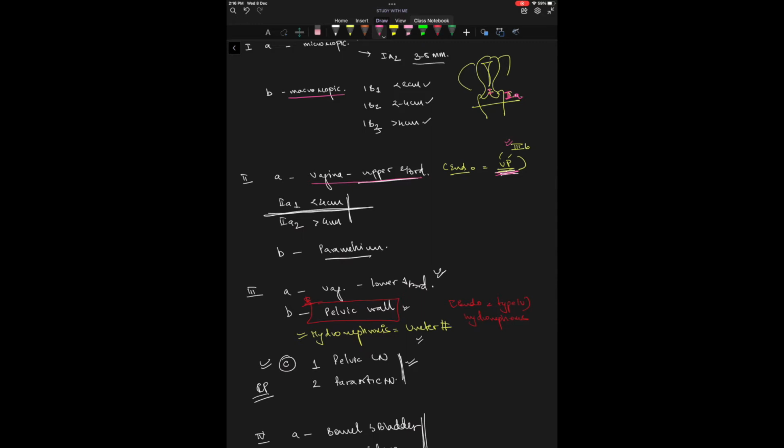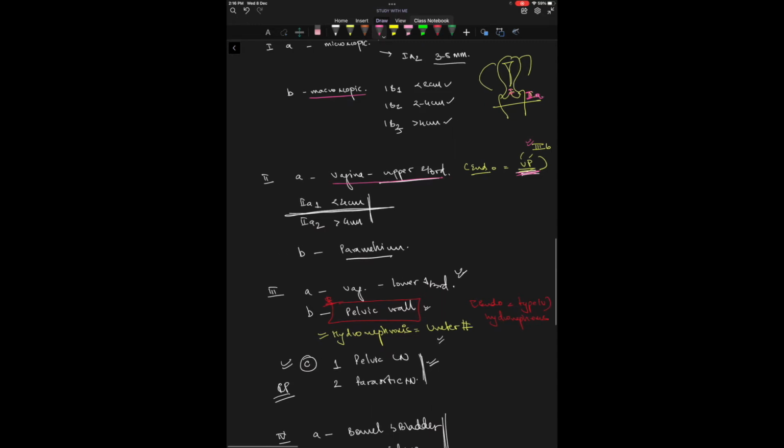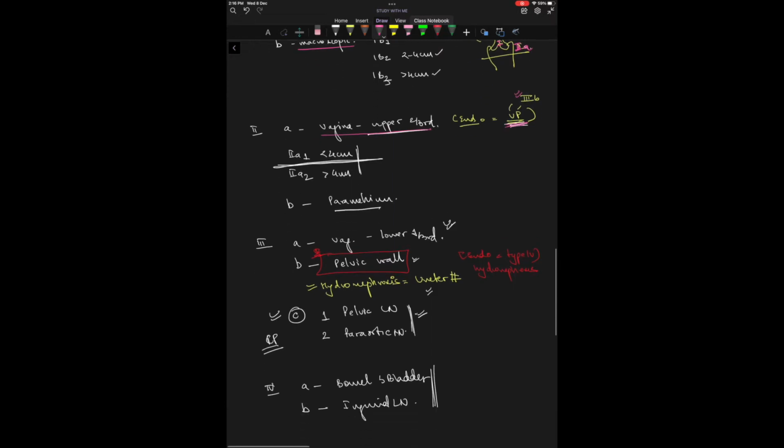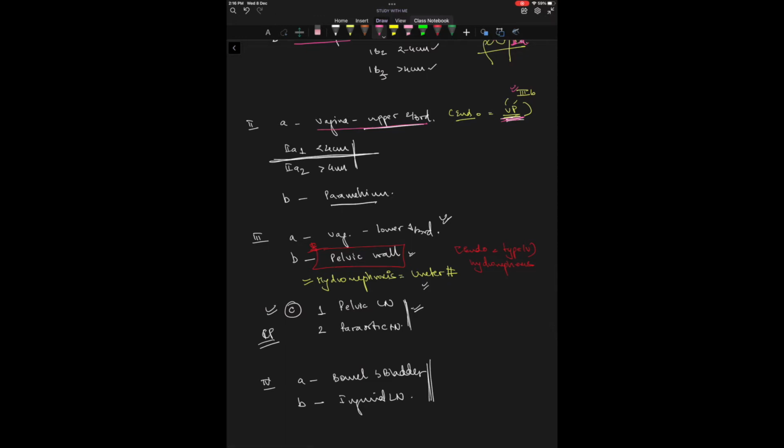Then it is further divided into 2A1 and 2A2 depending on size, which is less than 4 centimeter or more than 4 centimeter. And remember, VP, vagina always goes with parametrium, so 2B will be the involvement of parametrium.